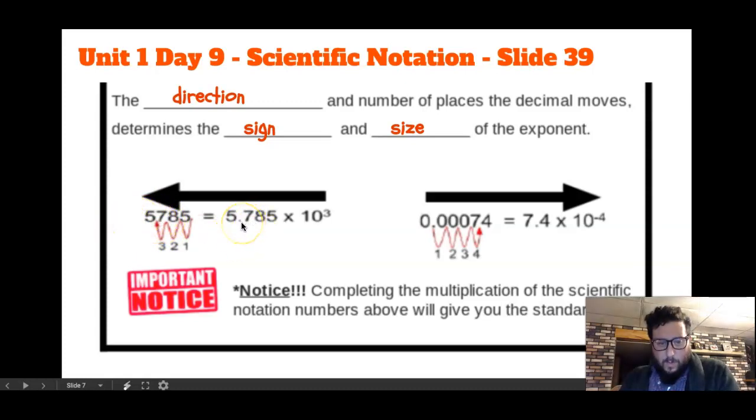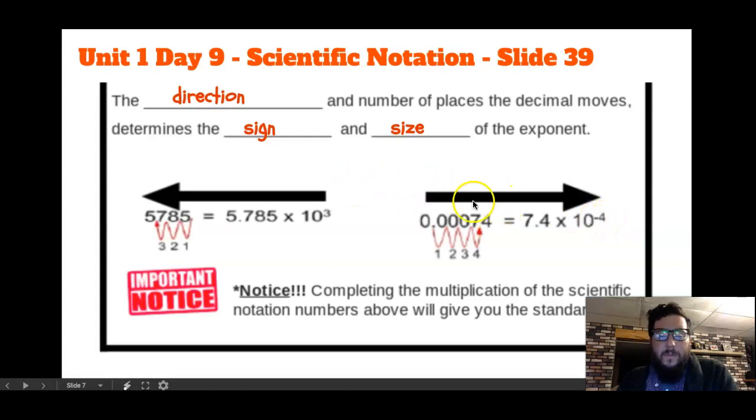So it gets a positive 3 exponent. This other number, we moved the decimal 4 times to get between the first 2 non-zero digits. So 7.4, and our exponent is 4 this time, but notice it's negative 4.